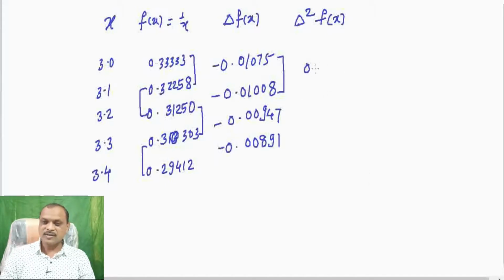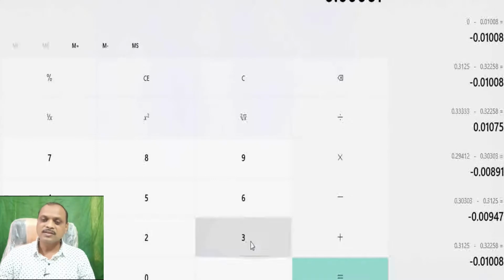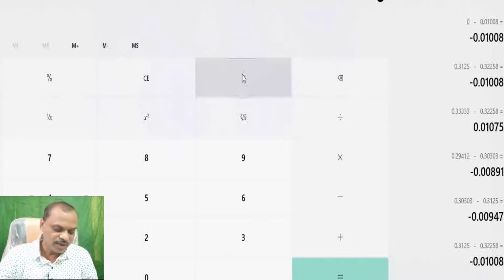This is the first difference, 0.00067, a plus value. Now the difference of these two values, this one and this one. Let us calculate this. These are the second differences.